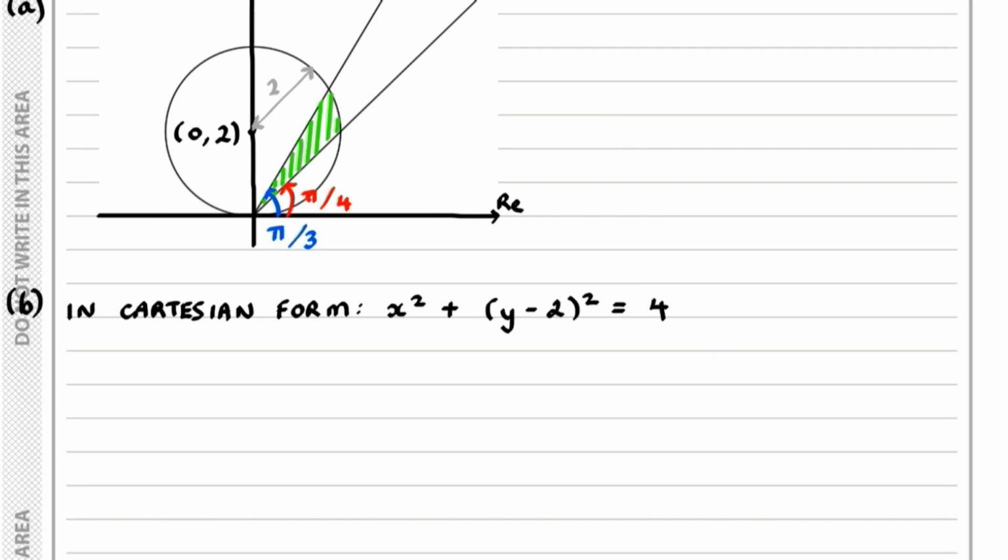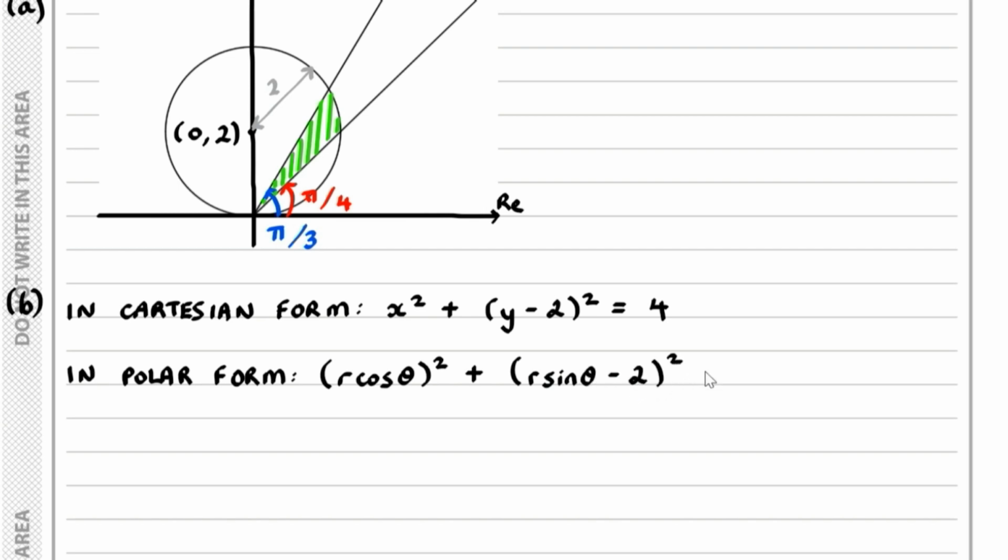Now, knowing that x is equal to r cos theta and y is equal to r sin theta, we can then see that in polar form, we have x squared, so that will be (r cos theta) squared, plus (y minus 2) squared, so that's (r sin theta minus 2) squared.